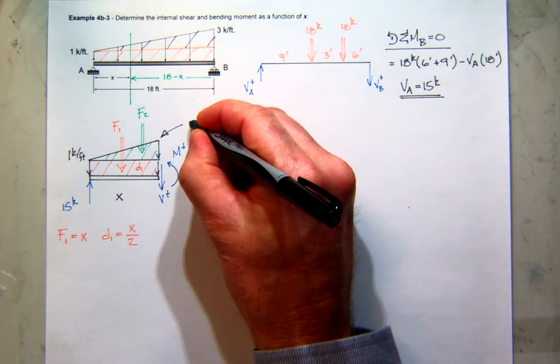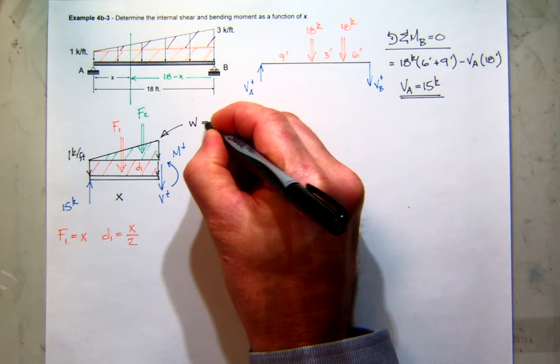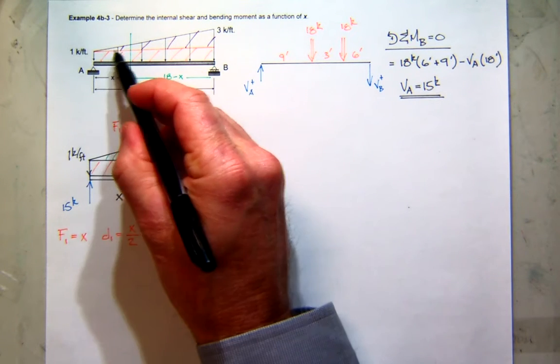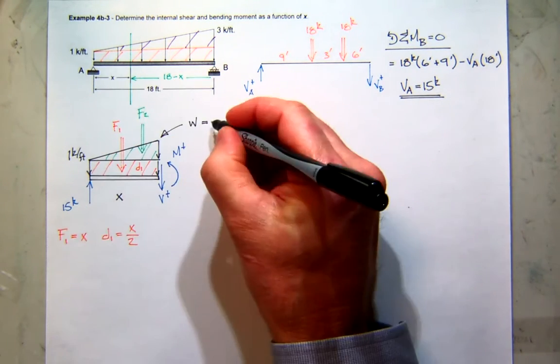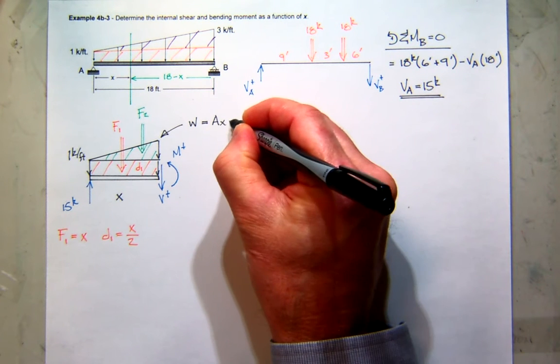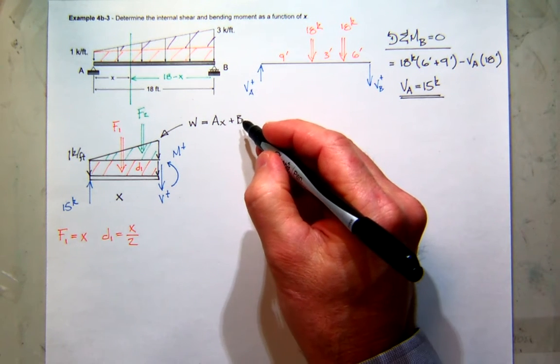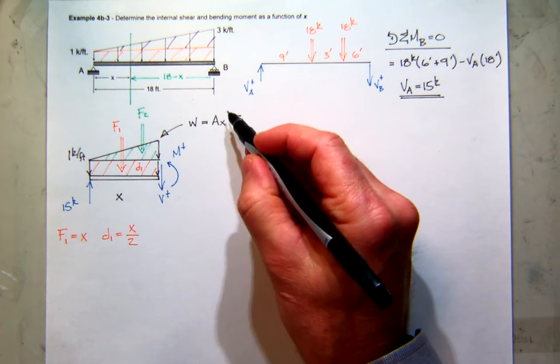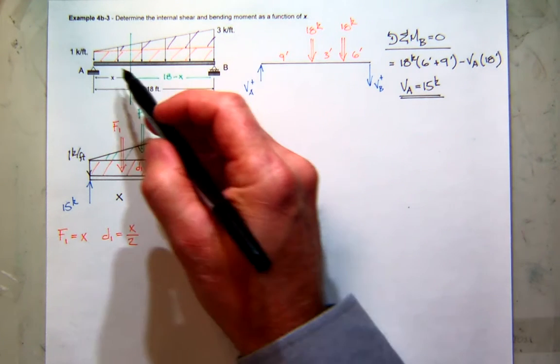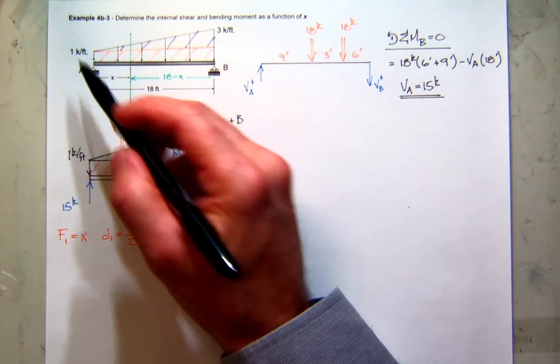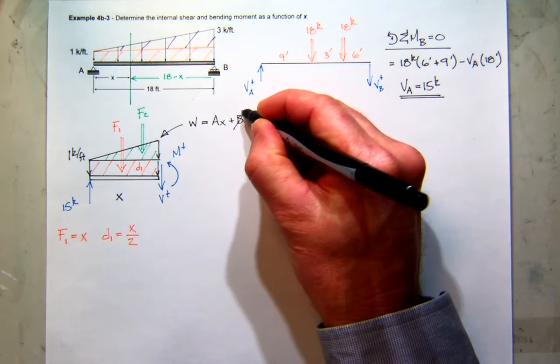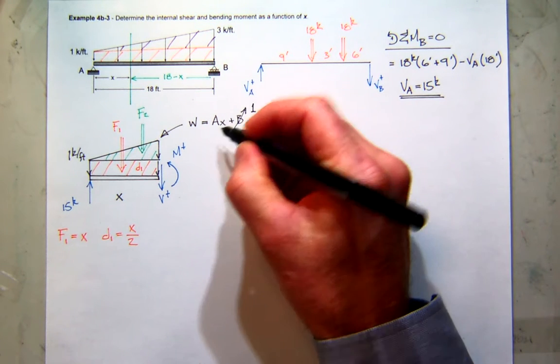I'll call it W. Well, if you look at it, it's a linear line, right? And a linear line is Ax plus B. So what is B? B is the value of the load when x is equal to 0, right? What is the value of the load when x is equal to 0? 1. So I know B is going to be 1.